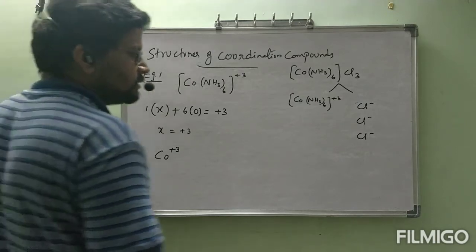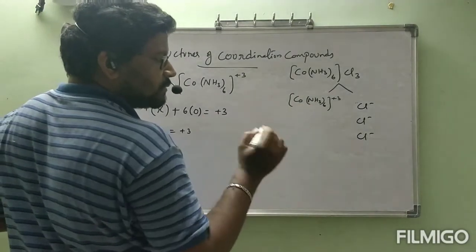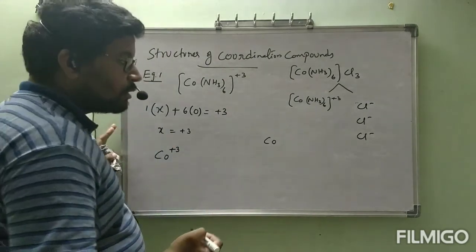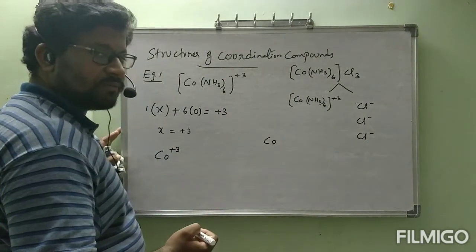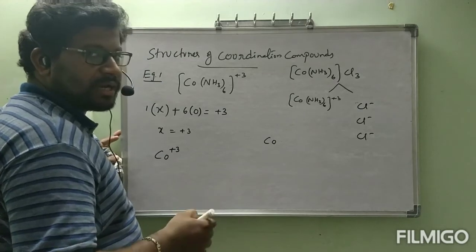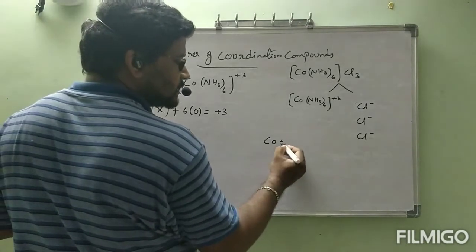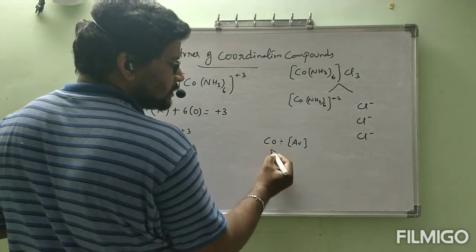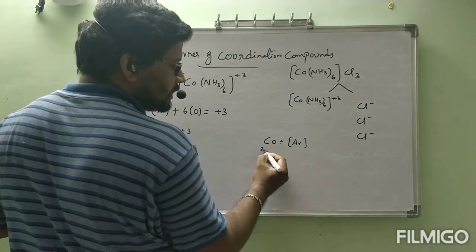Now first, how is this formed? I am taking cobalt. What is the electronic configuration of cobalt? In shorthand representation, it is argon. Cobalt atomic number 27.